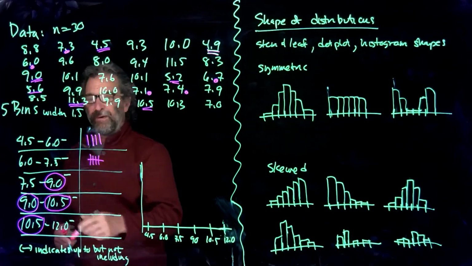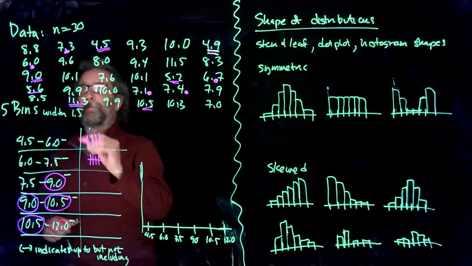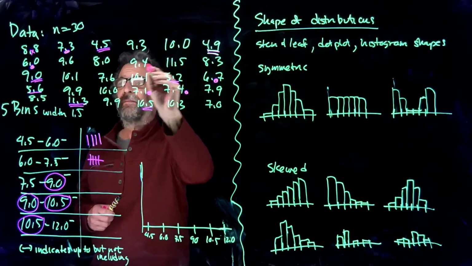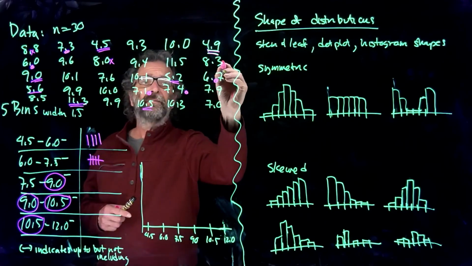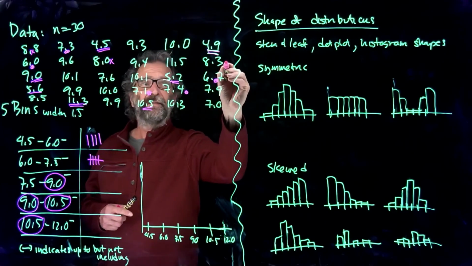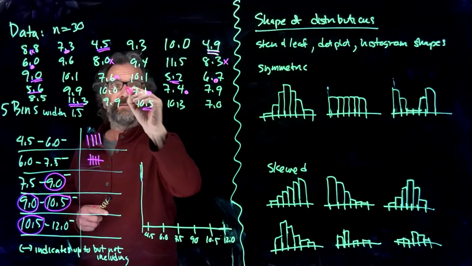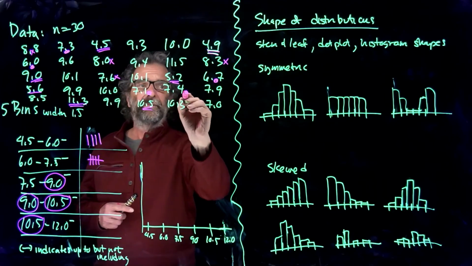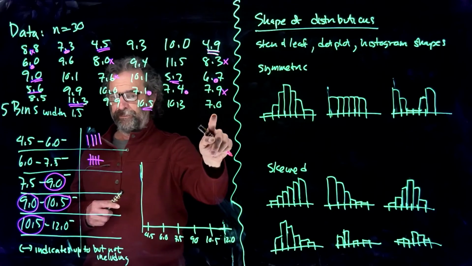And then 7.5 up to 9, but not 9. 1, 2, 3. 7.5 up to 9, but not including 9. What about the 7?